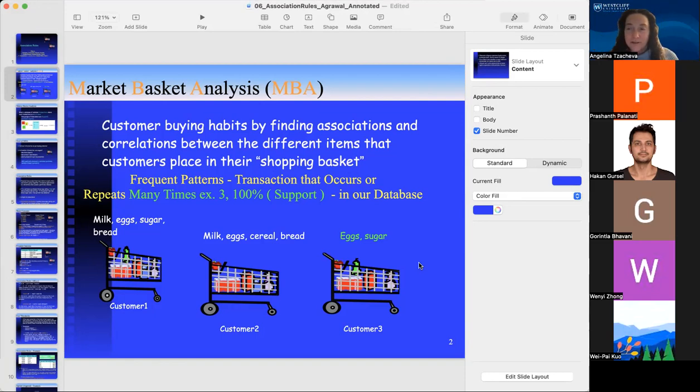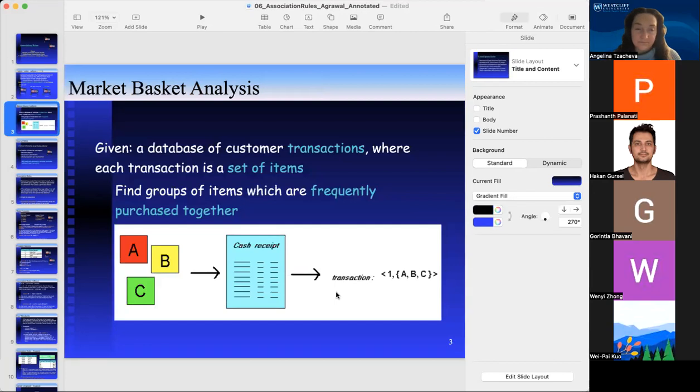And they are in fact items or products that we're interested in. So this is widely used, especially for online retailers and online businesses, but also for in-person retail stores and grocery stores.